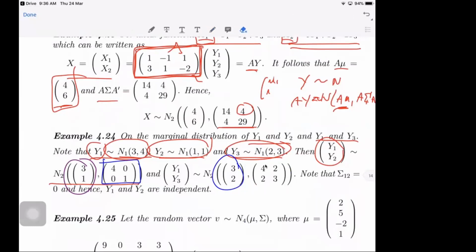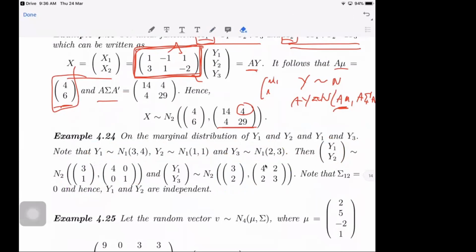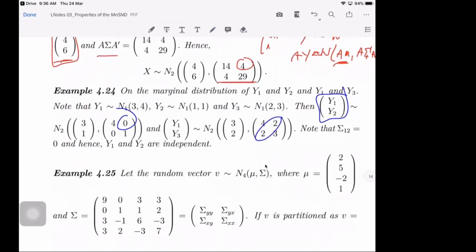Okay. So that is how you derive the particular vectors and matrices of your mean vector and covariance. And we see that since this is 0, then Y1 and Y2 are independent. However, since this is not 0, we cannot say the same thing about independence for Y1 and Y3. Okay.